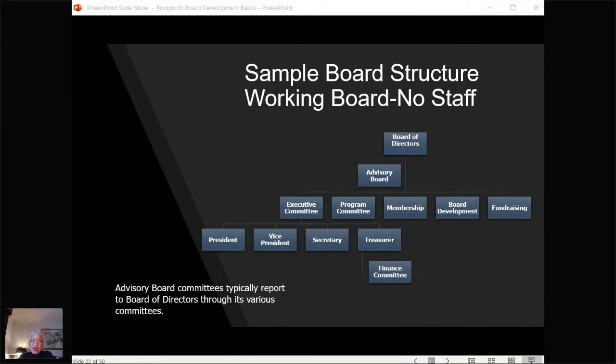When I say working board, I'm talking about a board for an organization that is just starting out. They don't have staff, and the board is expected to do much of what a staff would do.